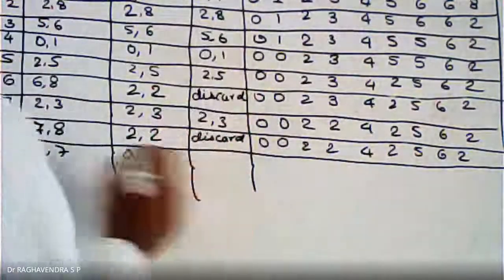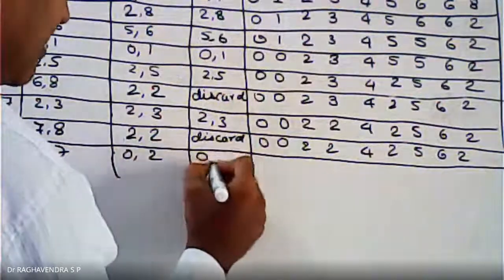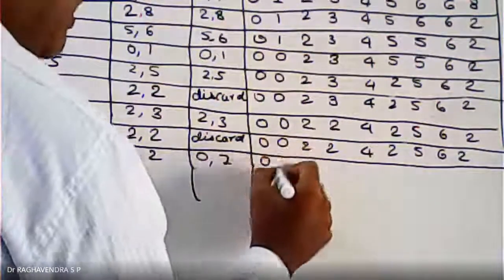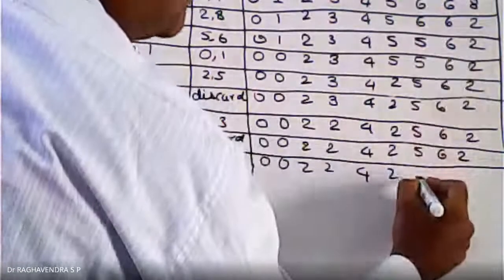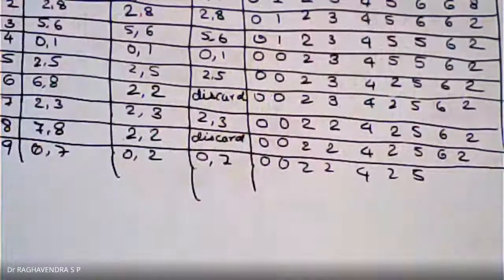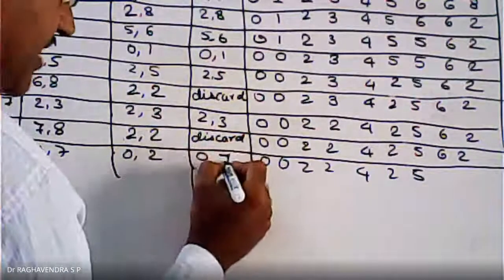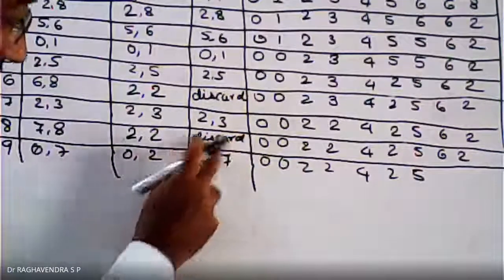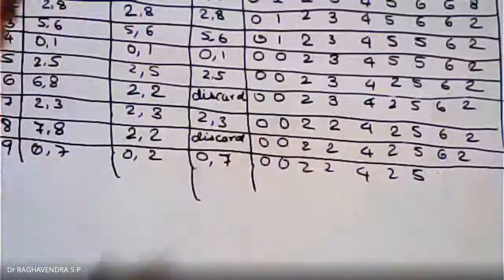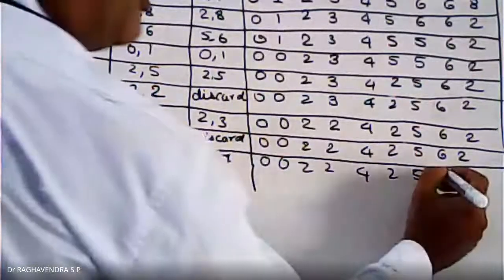So 0, 2. Copy paste 0, 7 here. So 0 will be here, 0, 2, 2, 4, 2. So this is 5. In place of 6, I have to write.